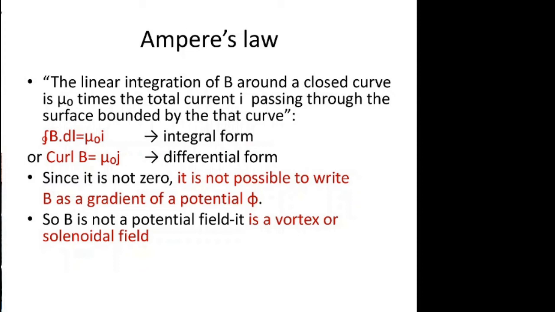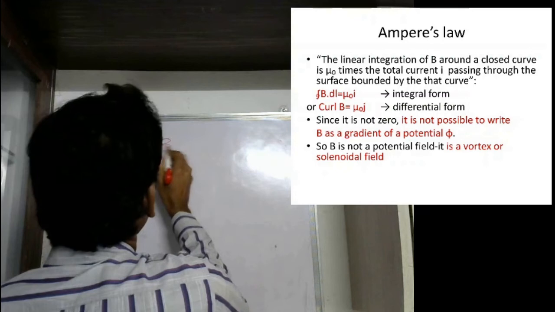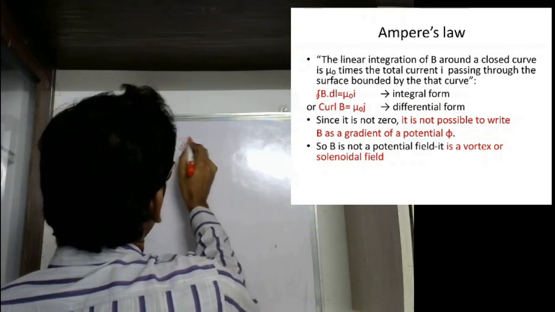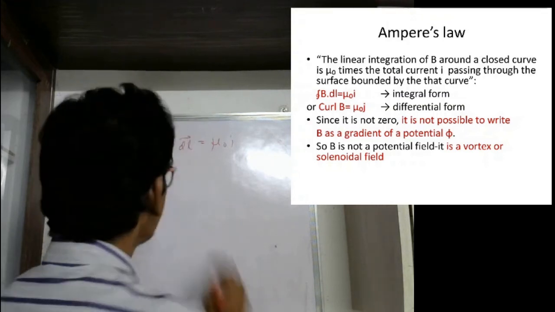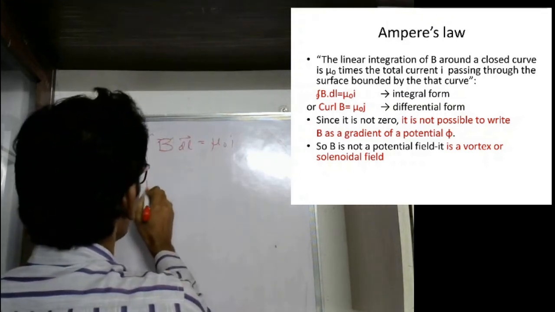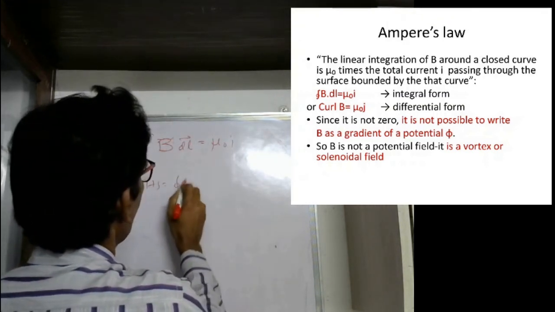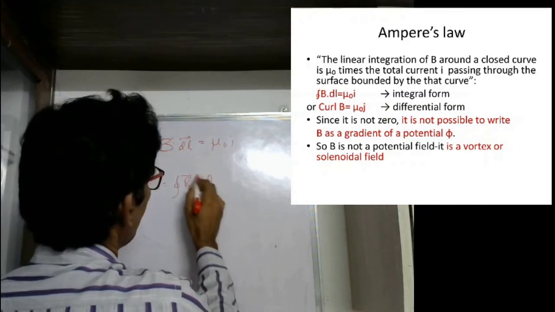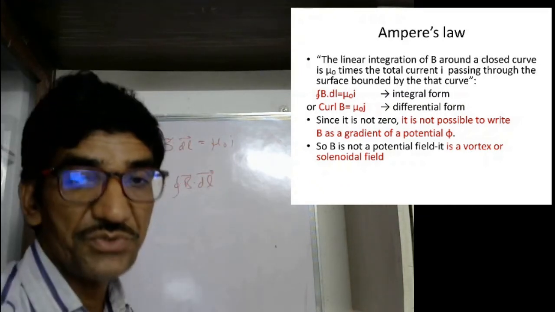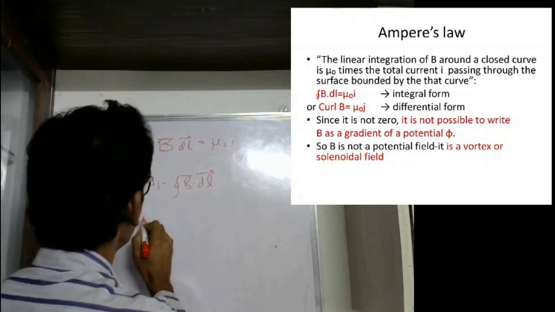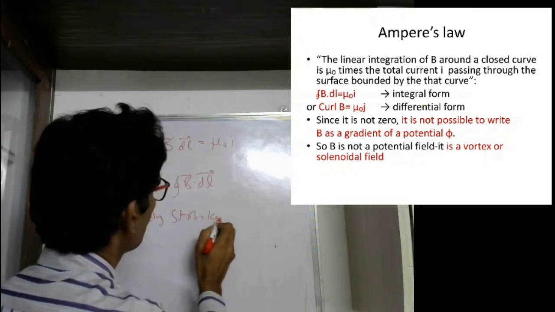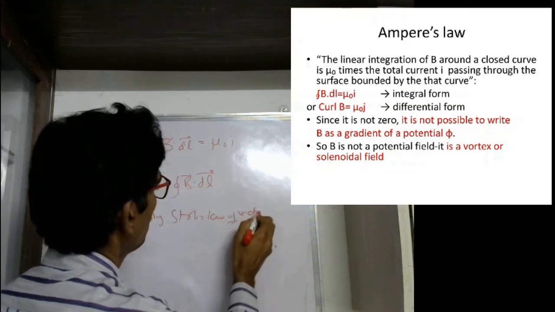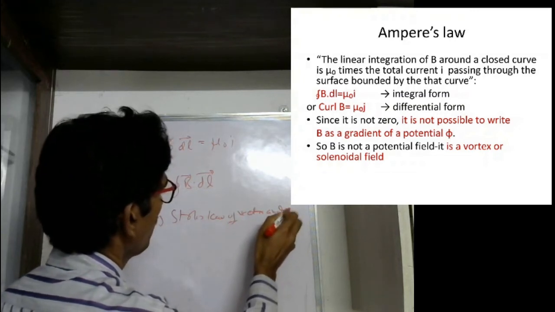Now let us convert the integral form into the differential form. This integral form: the closed line integral of B dot dl is equal to mu naught I. Now let us consider the LHS. Let us use Stokes' law of vector analysis.